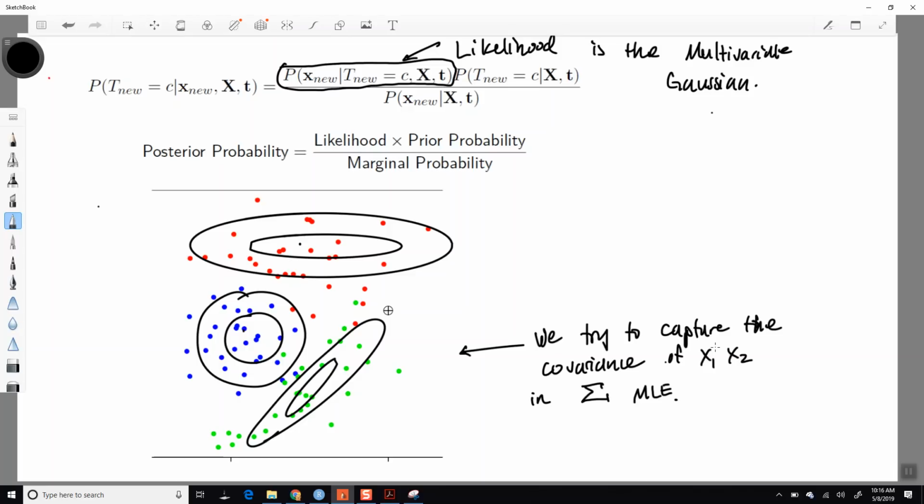For the prior probabilities, they wouldn't all be equal to each other? The prior probabilities might not be all equal to each other if you believe that one of the classes is more likely to occur than another.